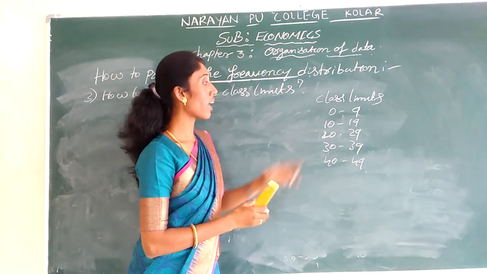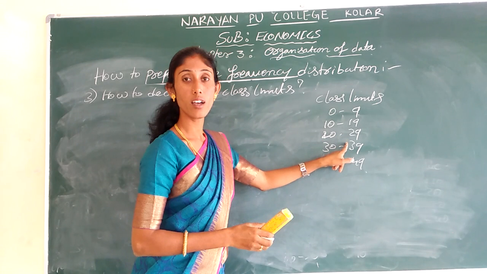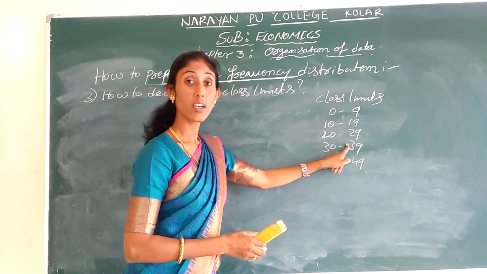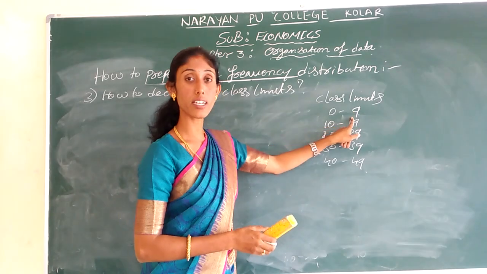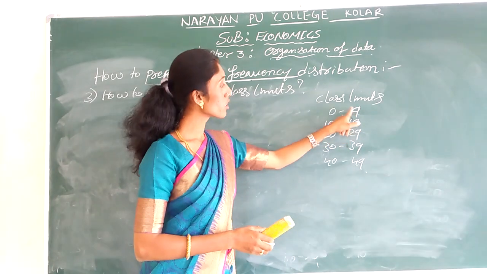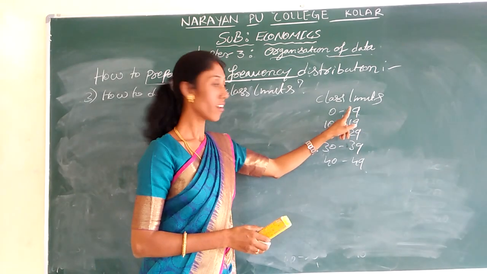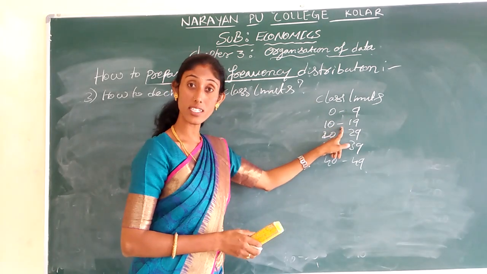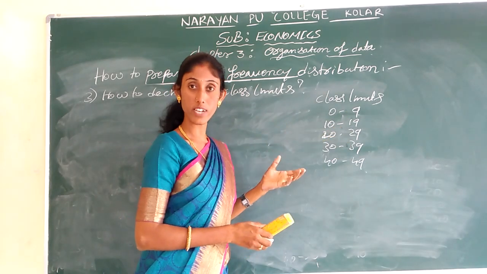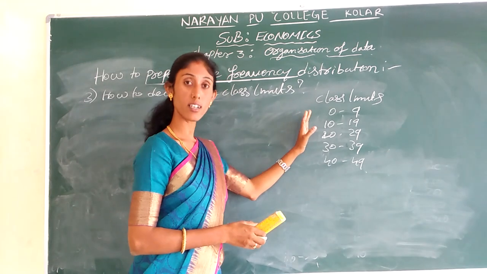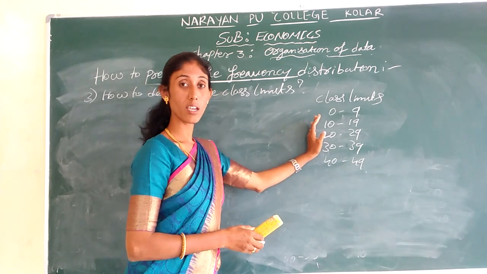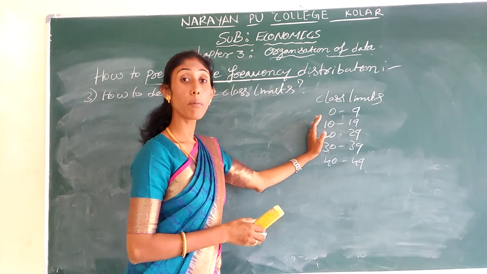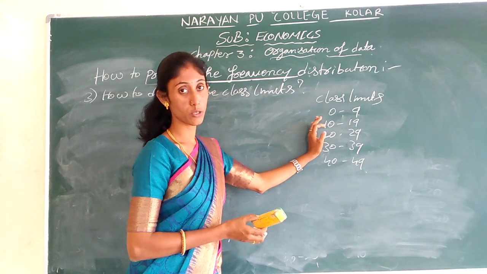Here we don't have continuity between the classes. For example, if we have a value like 9.5, should we include it in this particular class or in the next class? We will have a confusion, right? That's why if the class limits are in inclusive method, it is unable to make a proper frequency distribution.